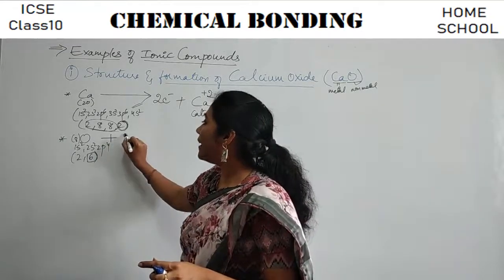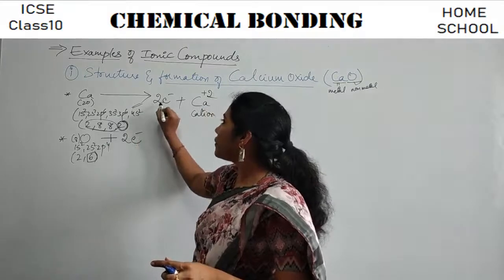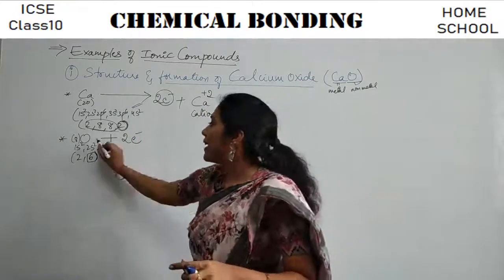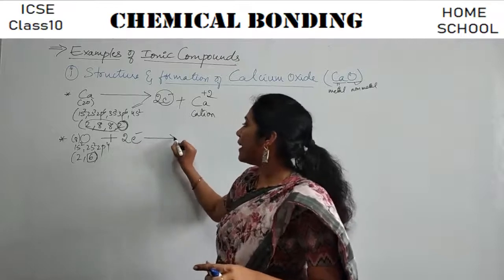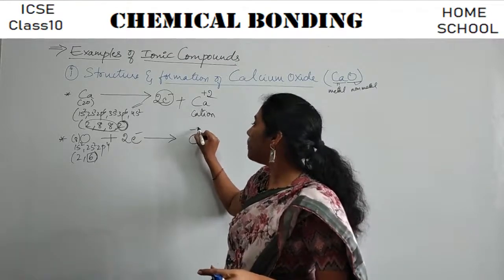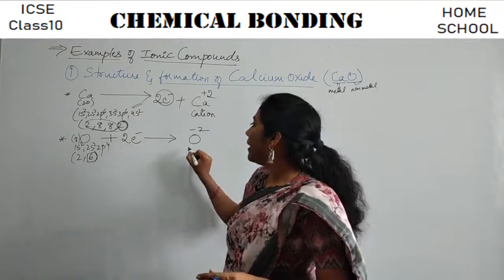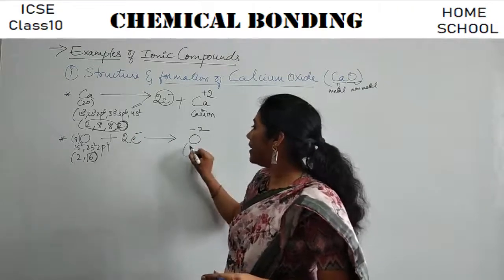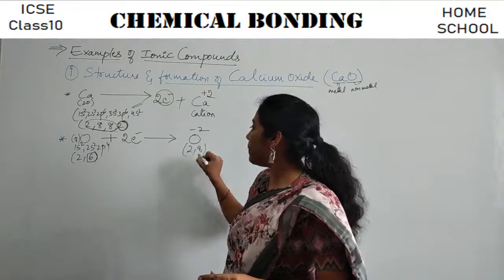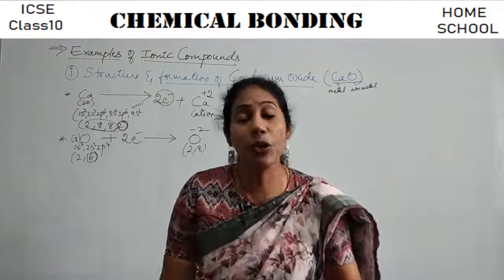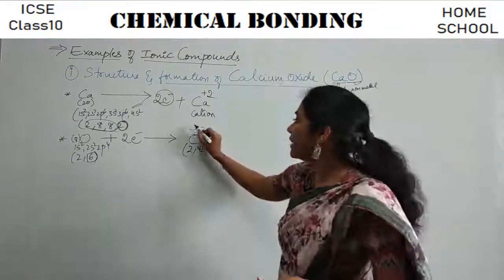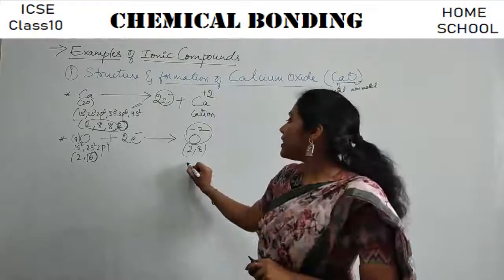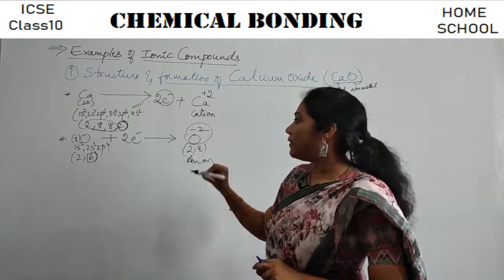So this guy will accept 2 electrons and become O-2. After gaining 2 electrons, its electronic configuration is 2, 8, which is exactly similar to neon. Now this guy is stable in O-2 form, right? So this is what we call an anion.